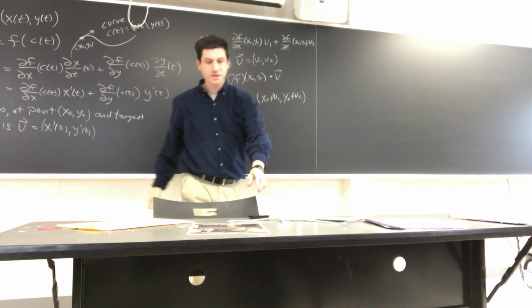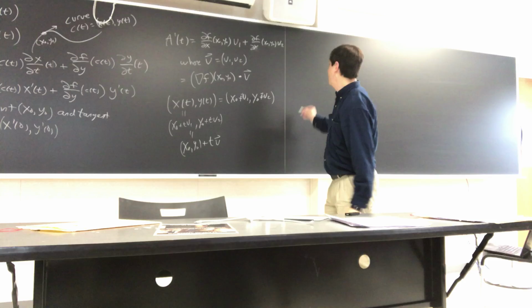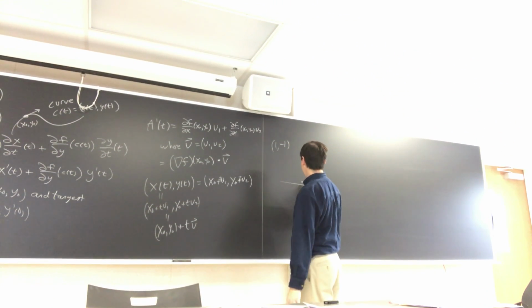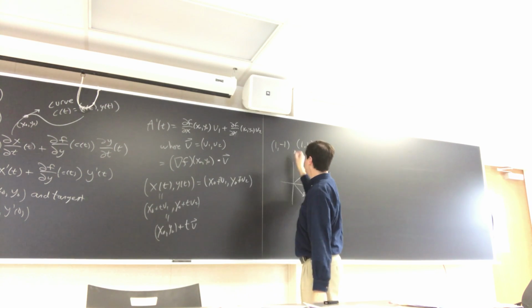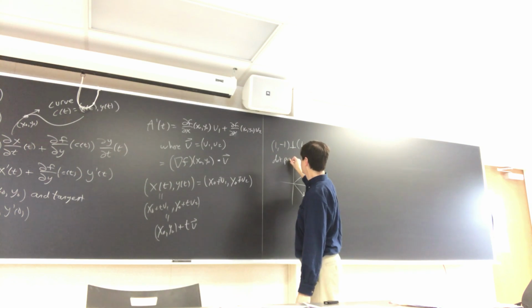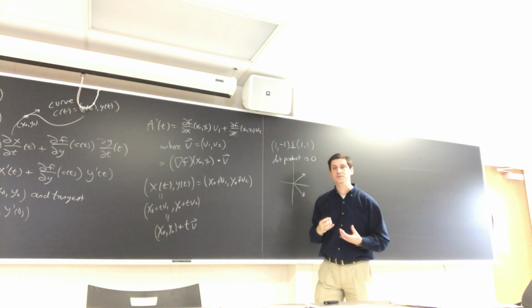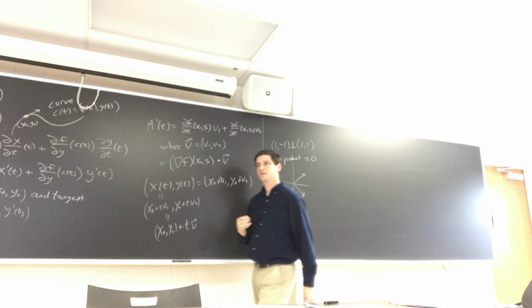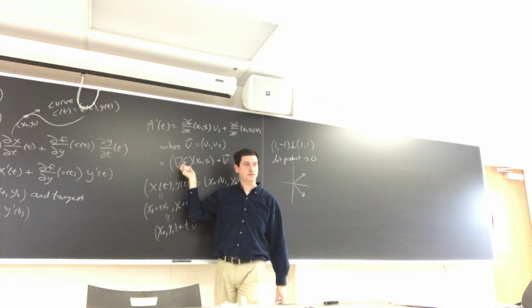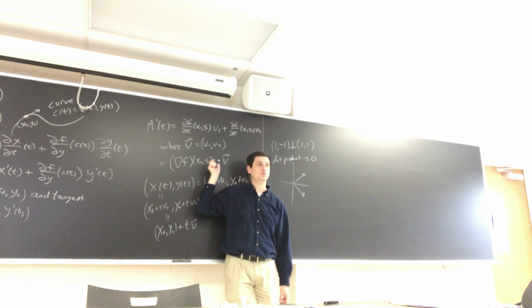So if we take two perpendicular vectors, let's take the vector (1, -1), which is coming down here, and the vector (1, 1). They are perpendicular to each other, and the dot product is 0. So if the dot product is 0, they're perpendicular to each other. Yeah, so if we take the vector v to be in the same direction as the gradient, then this dot product will be positive.